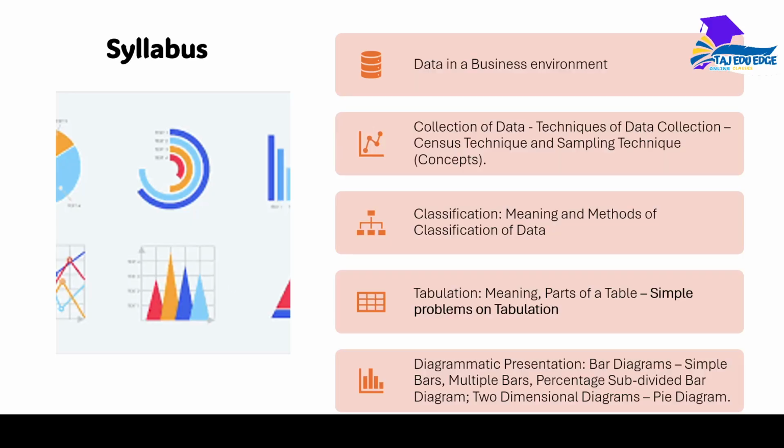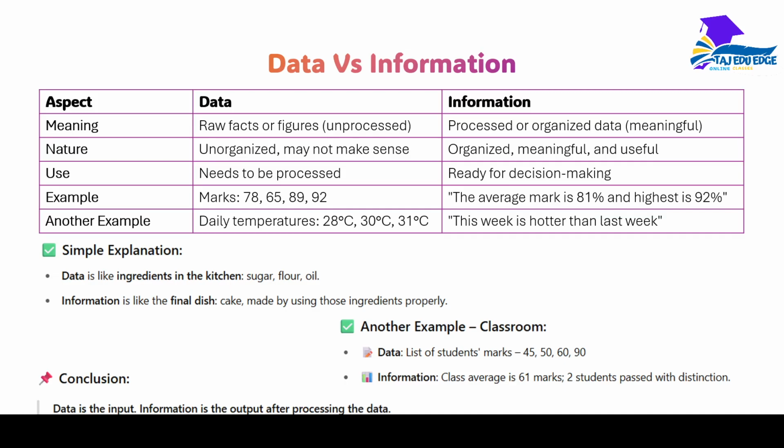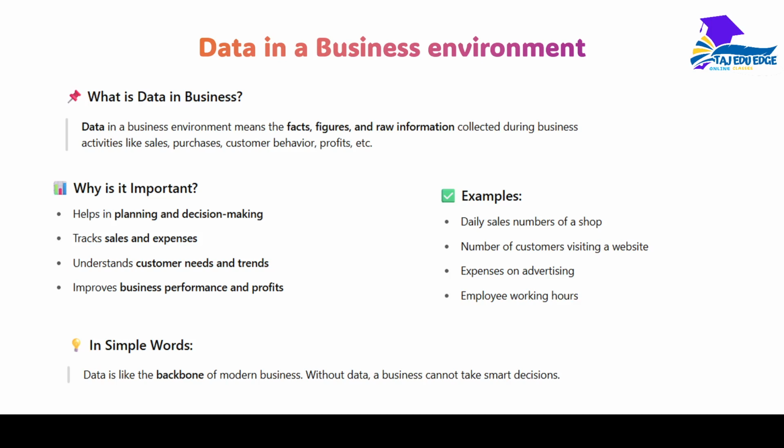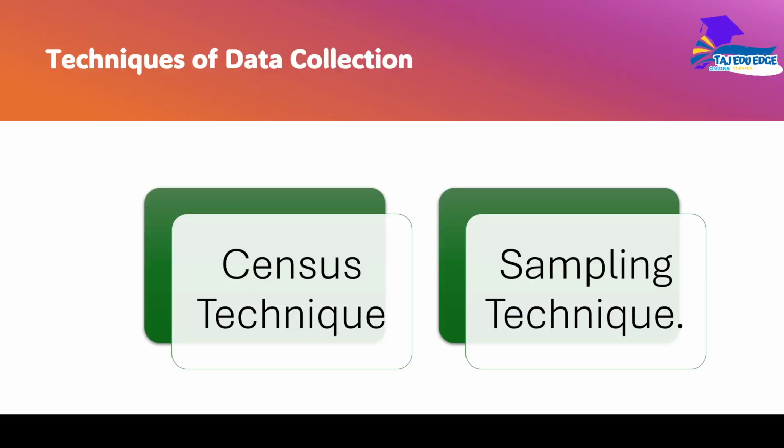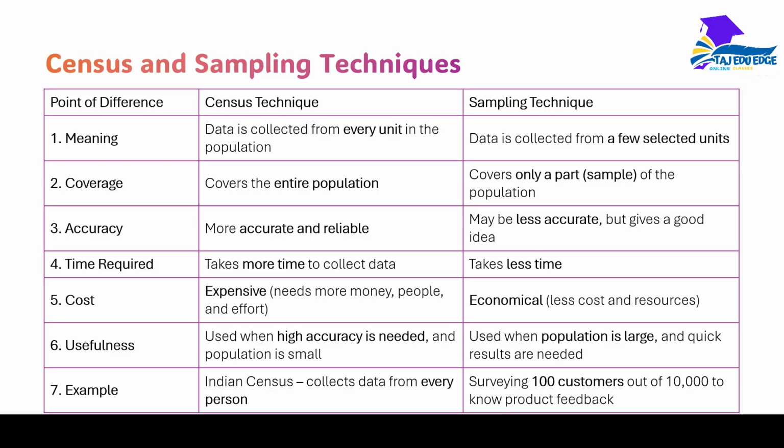In my previous videos, I have already covered the syllabus and data versus information in video 1, data in a business environment in video 2, and the concept of collection of data along with the techniques of data collection, that is census and sampling techniques, in video 3.